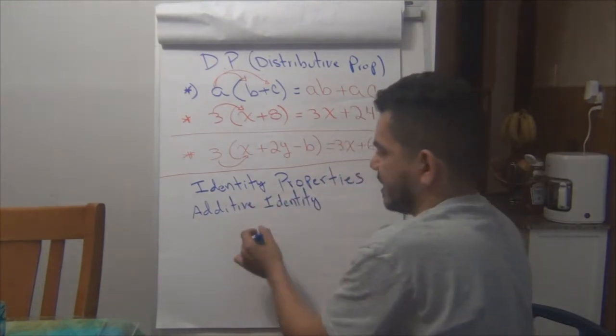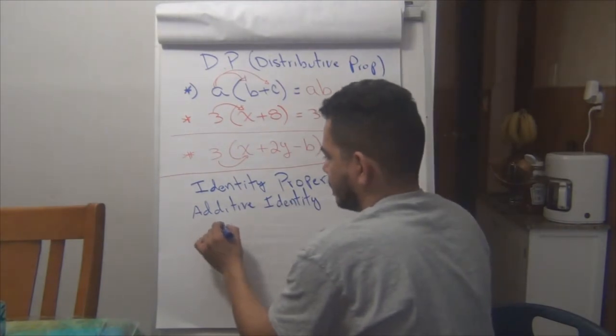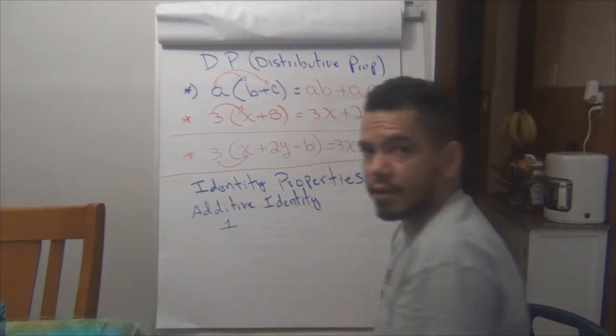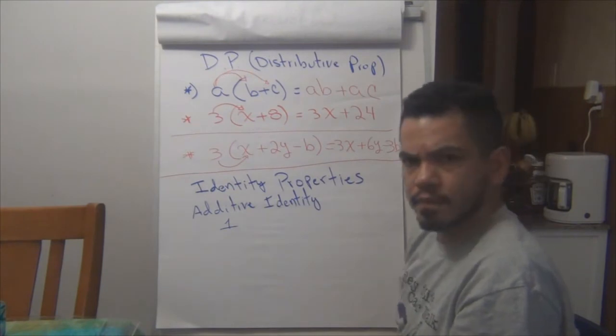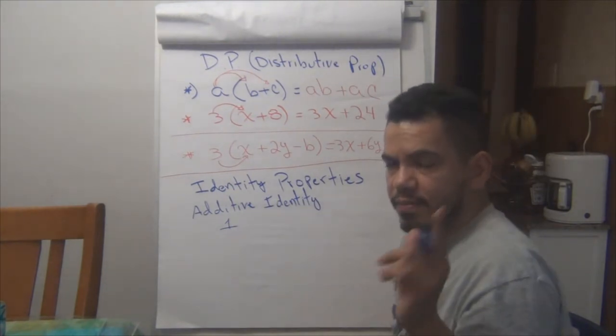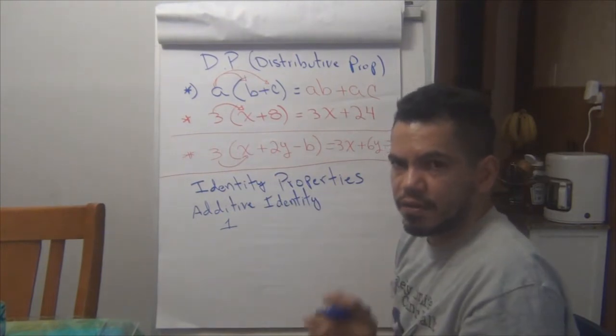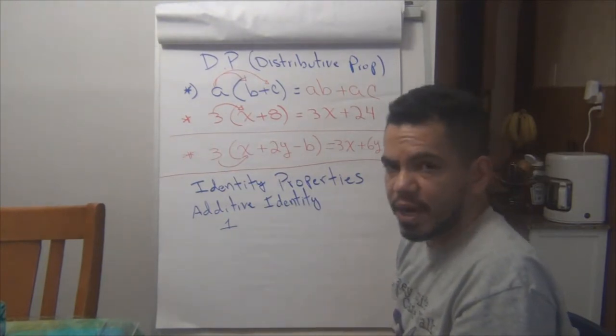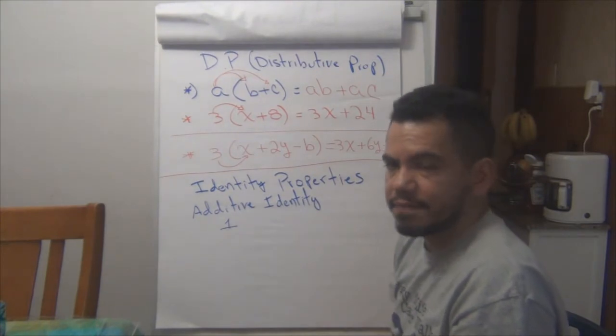The additive identity is the number 1. You're not correcting me? If you corrected me, that means that you know. If you don't, then I'm going to tell you something right now. That is not the additive identity.